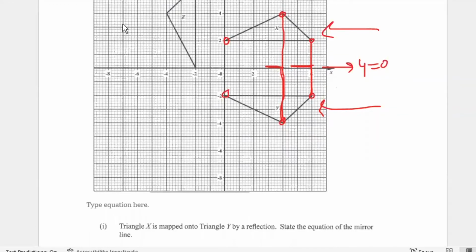For example, let's say our object is right here and my image is right here. Comparing these 2 points, what would be my mirror line?